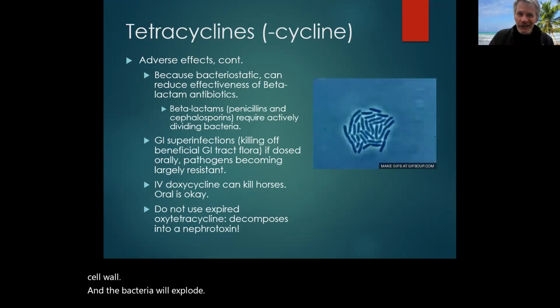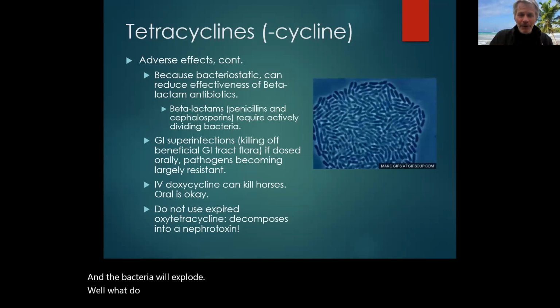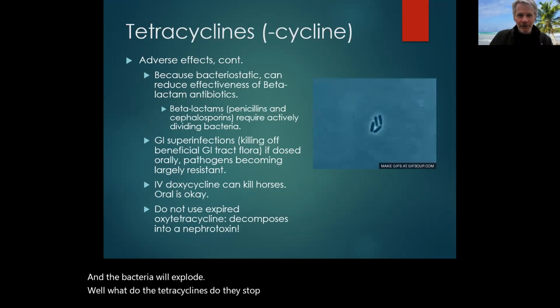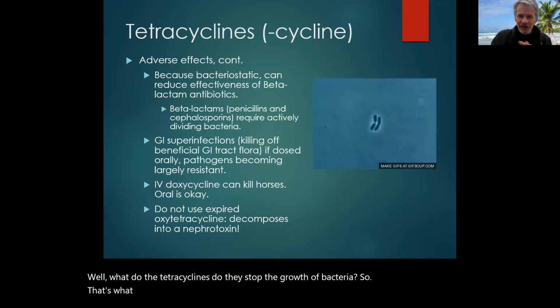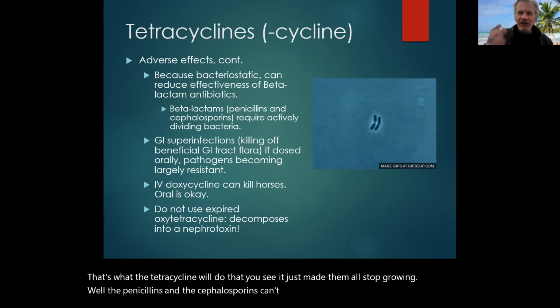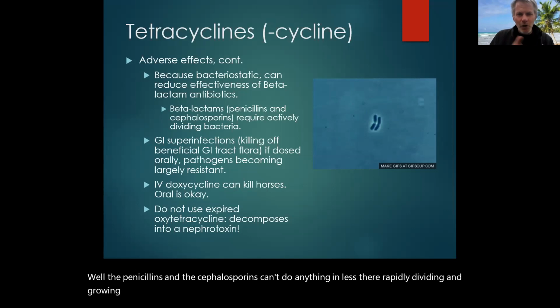Well, what do the tetracyclines do? They stop the growth of bacteria. So that's what the tetracycline will do. You see, it just made them all stop growing. Well, the penicillins and the cephalosporins can't do anything unless they're rapidly dividing and growing. So we don't usually combine those two drugs.